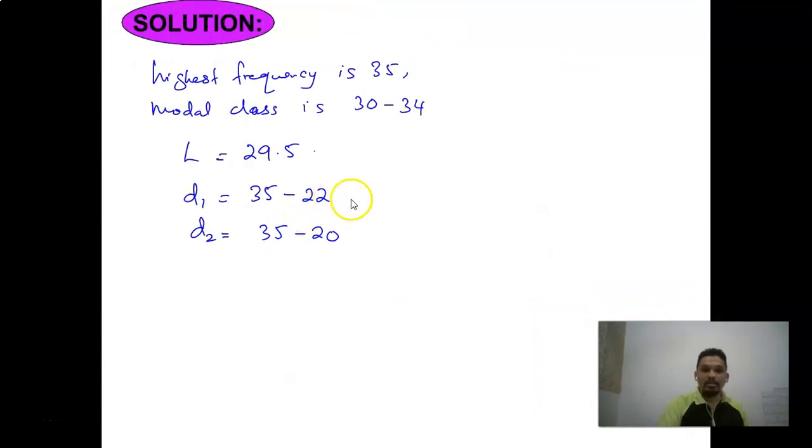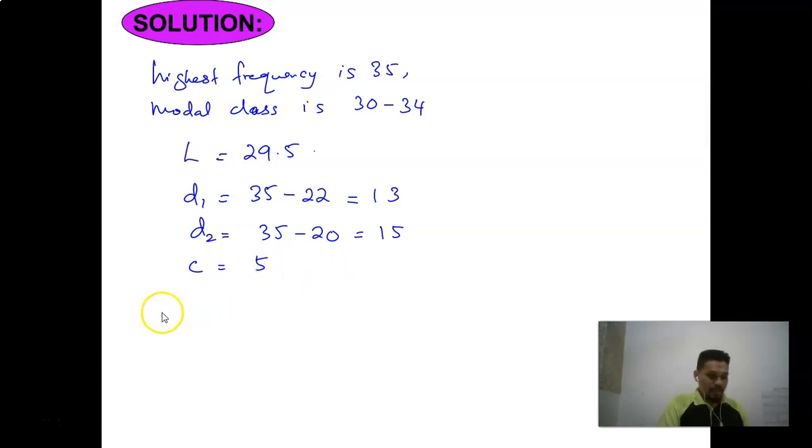So 35 minus 22 equal to 13, and 35 minus 20 equal to 15. D1 is 13, D2 is 15. And then the class size equal to 5.